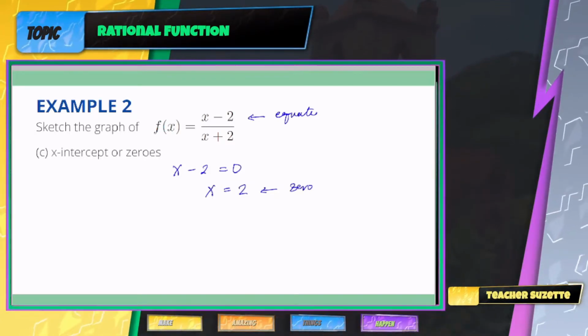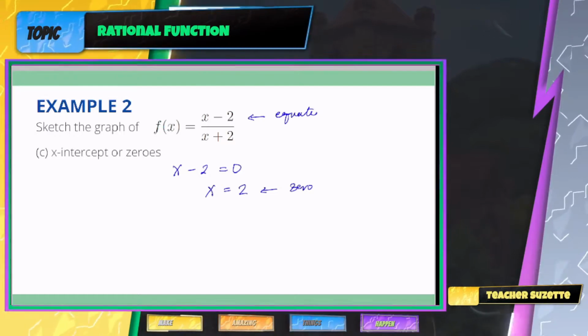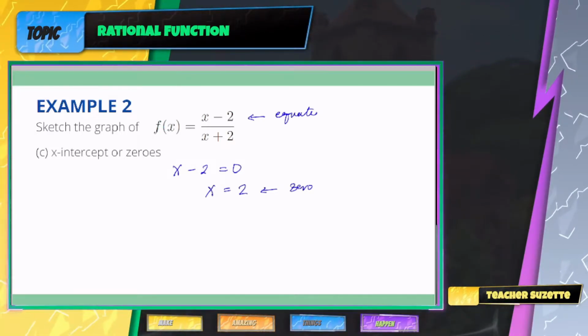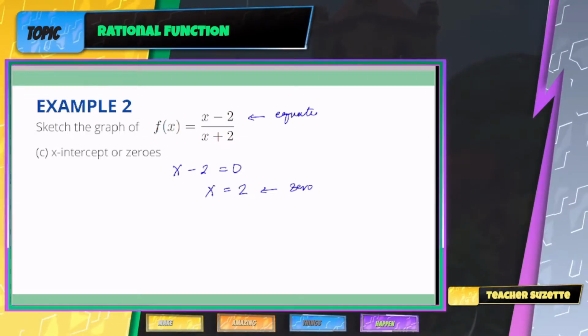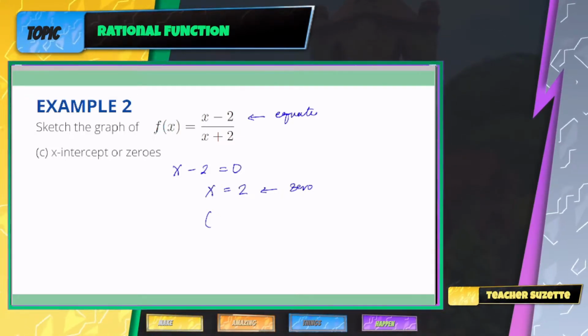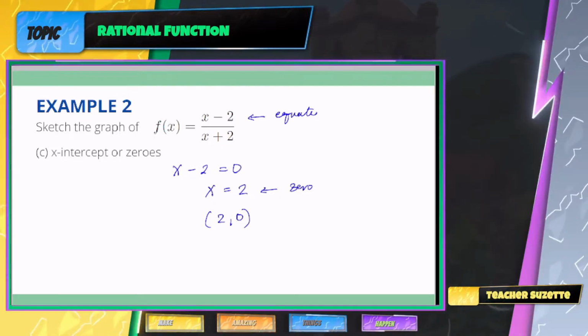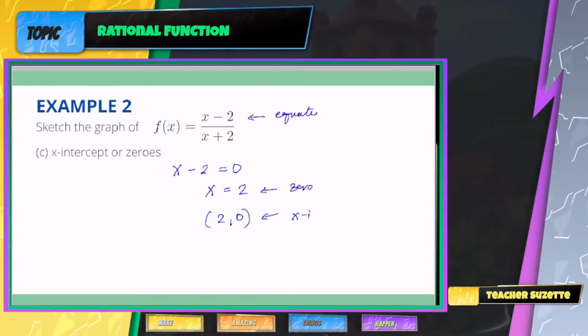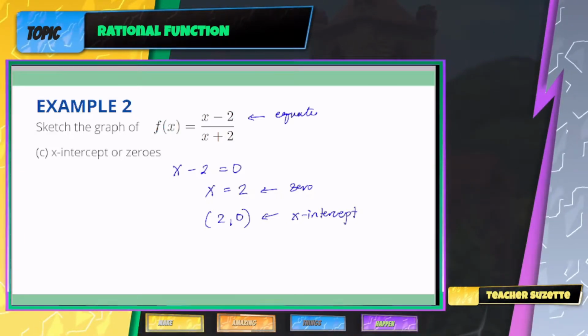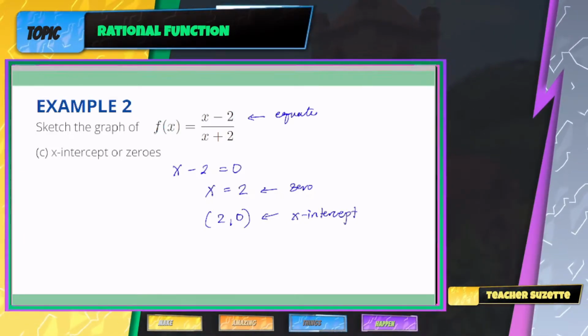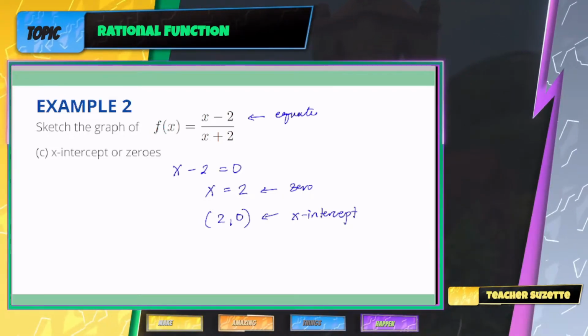It is the value of x that would make your function equal to 0. So our x-intercept is (2, 0). This is the specific point on your x-axis where your graph will intersect.